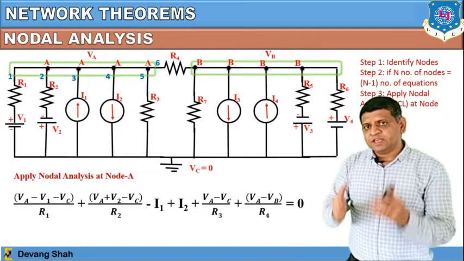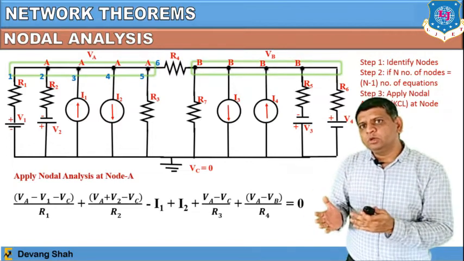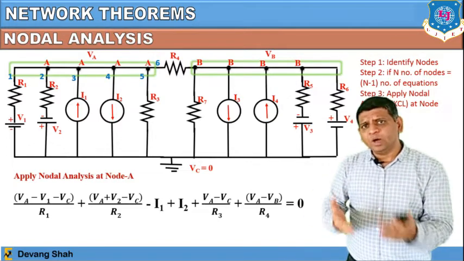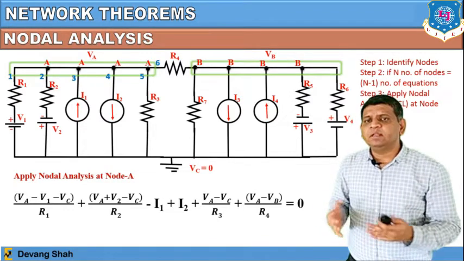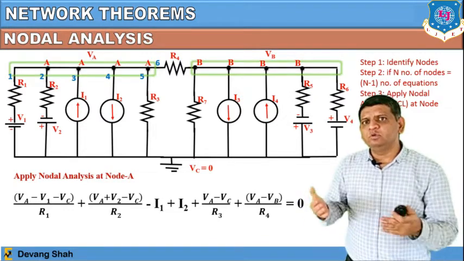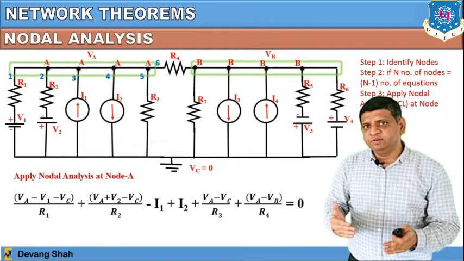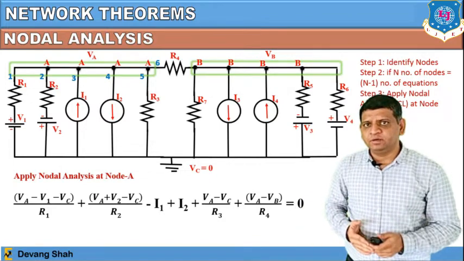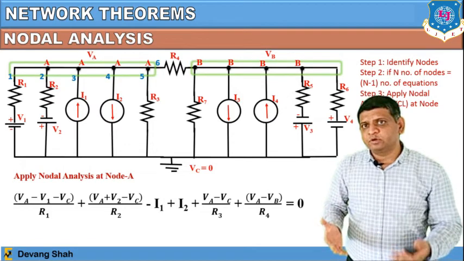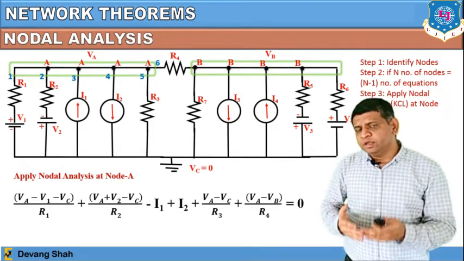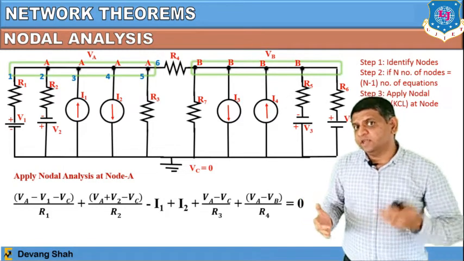As per Ohm's law, V is equal to I into R, right. So, here we have taken the form of current, I is equal to V by R. So, your first term is nothing but VA minus V1 minus VC divided by R1, that is represented as your current I1. Now, here you forget about the current directions, right? Why?